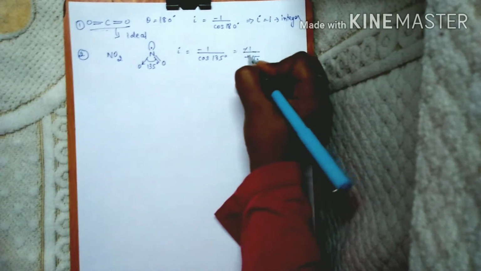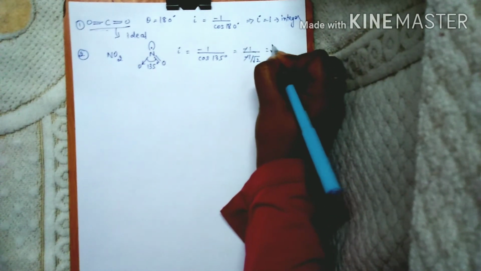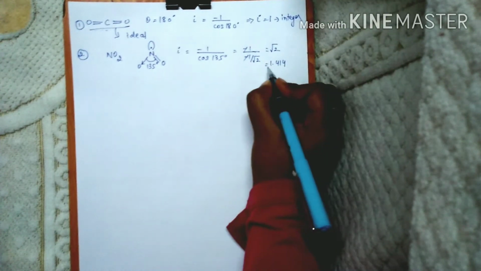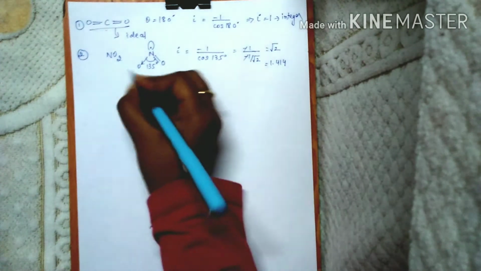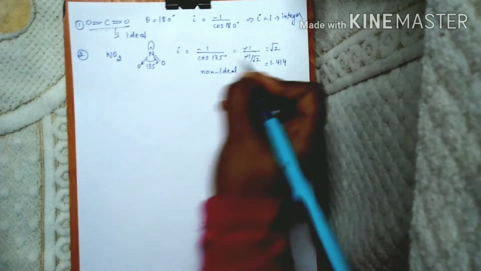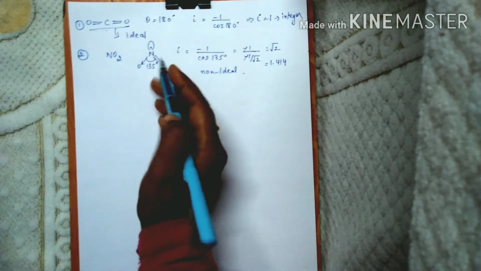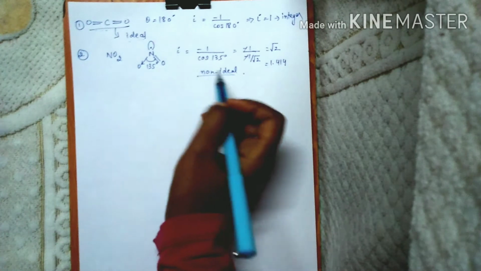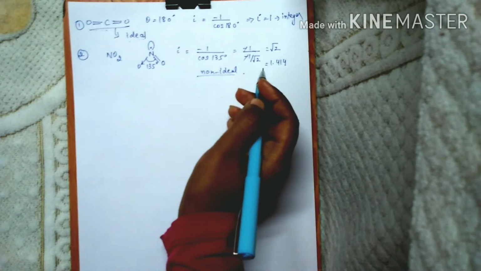This goes up root 2. The value of root 2 is 1.414, so this is a fraction or decimal. So this is the case of non-ideal mixing. This way you can find out which one is ideal mixing and which one is non-ideal mixing in case of hybridization.